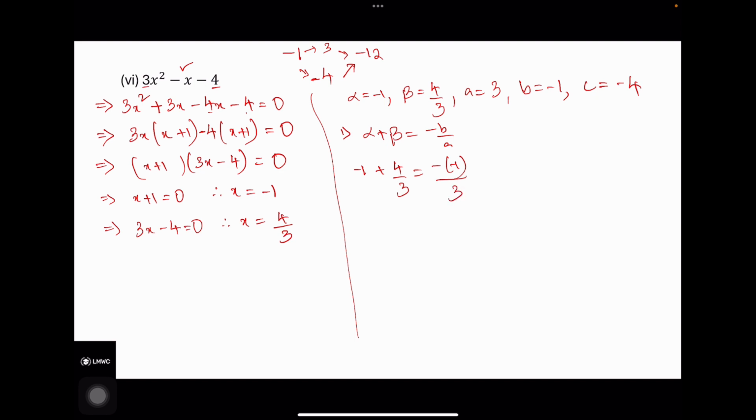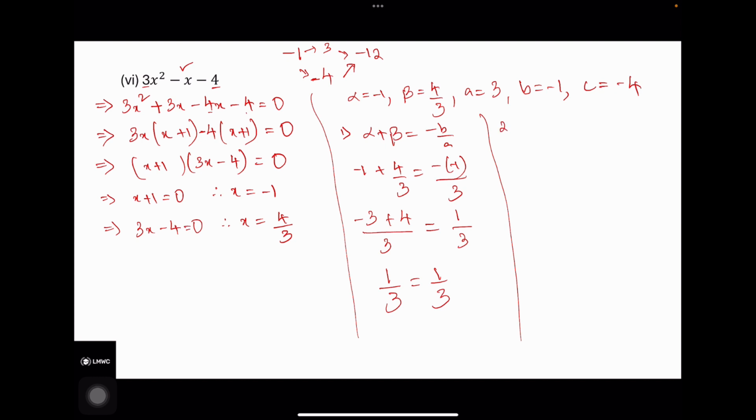So we have to take the LCM for this. So 3 and 1 LCM is 3. So therefore, you have to multiply 3 to the -1 and plus 4. No changes because the denominator itself is 3. So negative and negative take the product, so it will be +1. So -3 plus 4 is +1 by 3, which is same as our RHS.